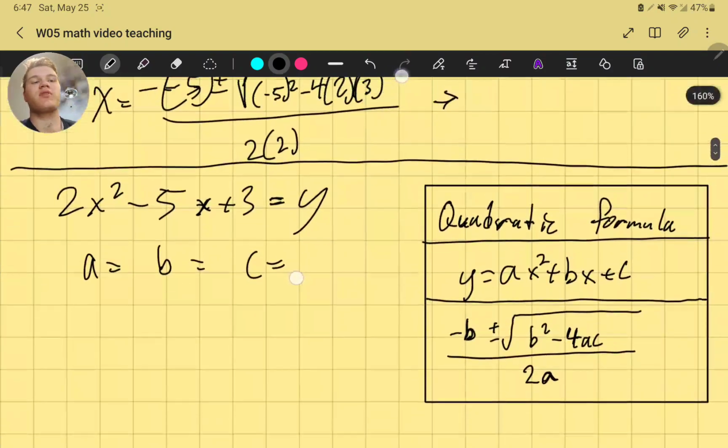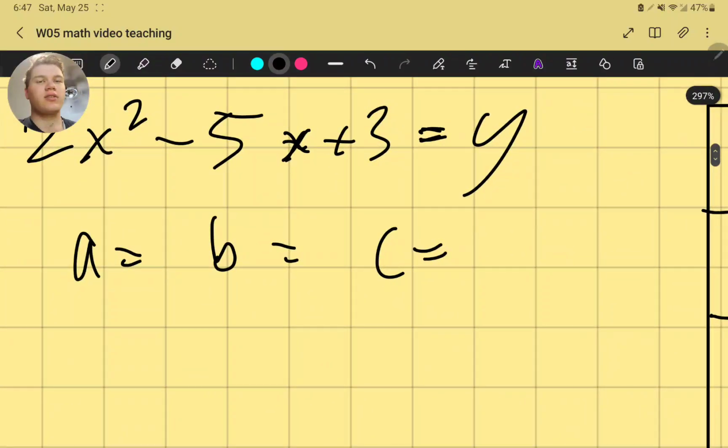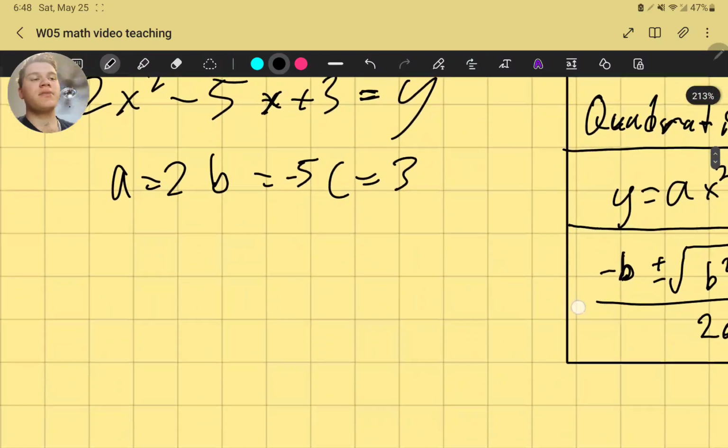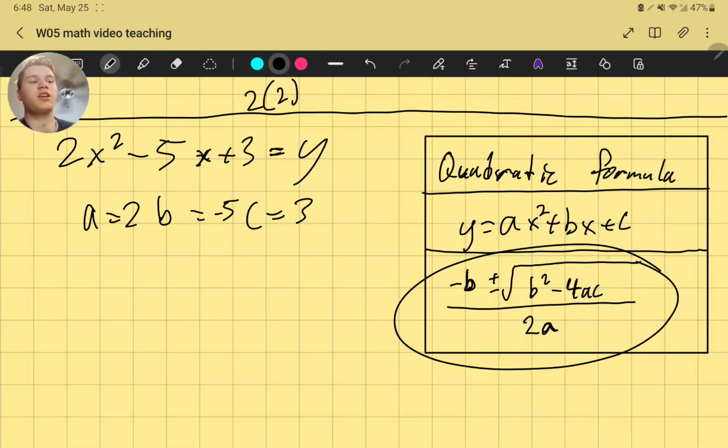First of all, we have to find our A, B, and C values. We have 2 as our A value, -5 for our B value, and 3 for our C value. Then we're going to plug it into the quadratic formula.